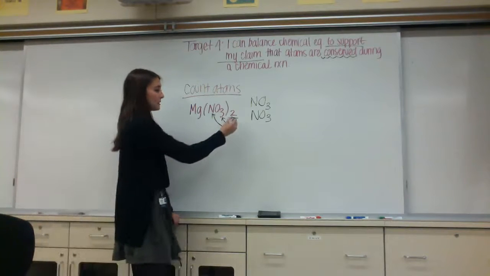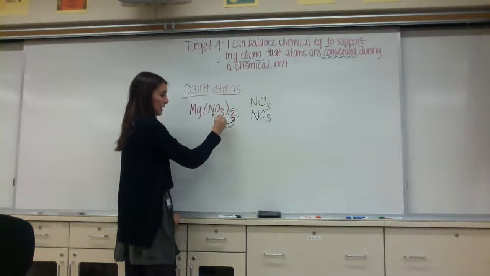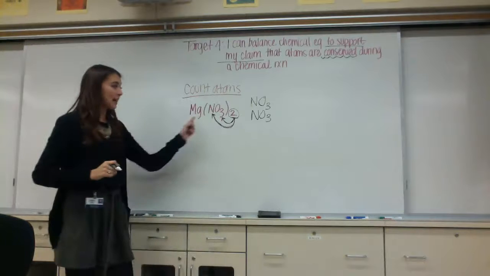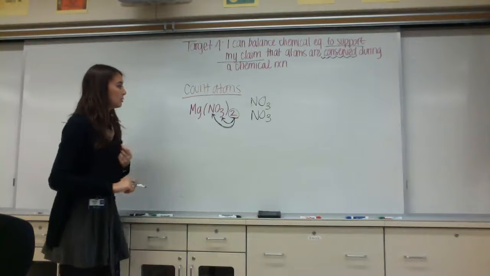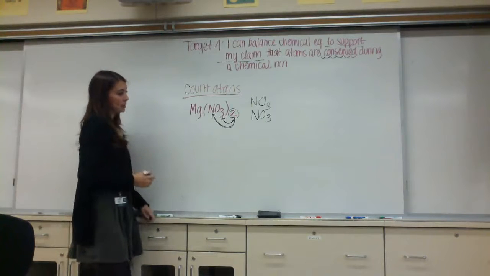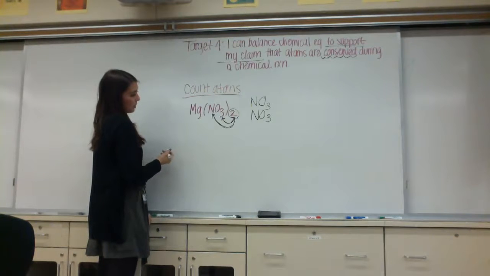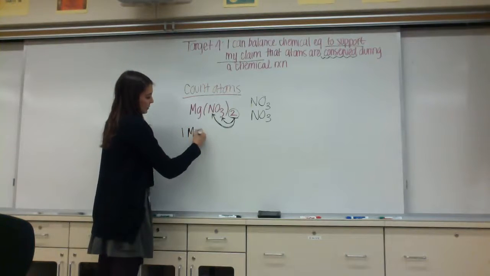If you have a subscript outside of a parentheses, that subscript applies to everything within the parentheses. It does not come over here to the magnesium. Okay? So, how many magnesium atoms do I have here? There's no subscript, there's no coefficient, so that leads me to say that there is one magnesium atom.